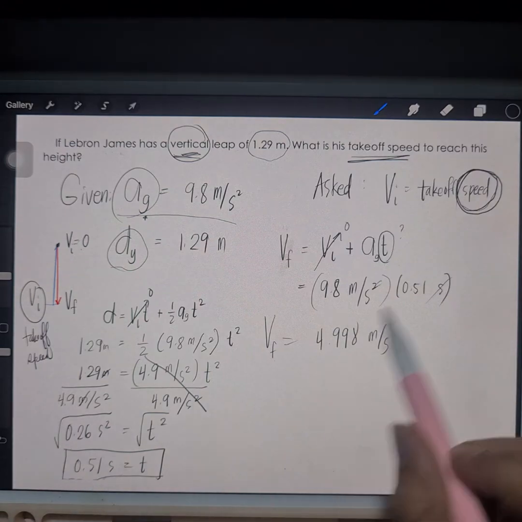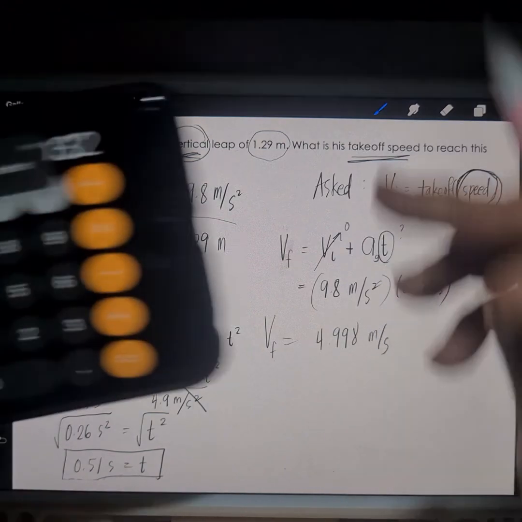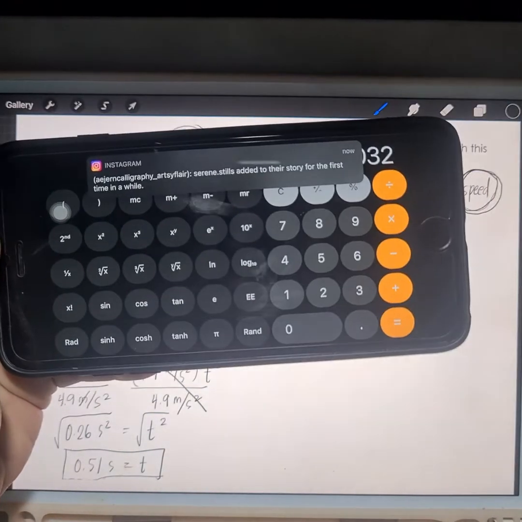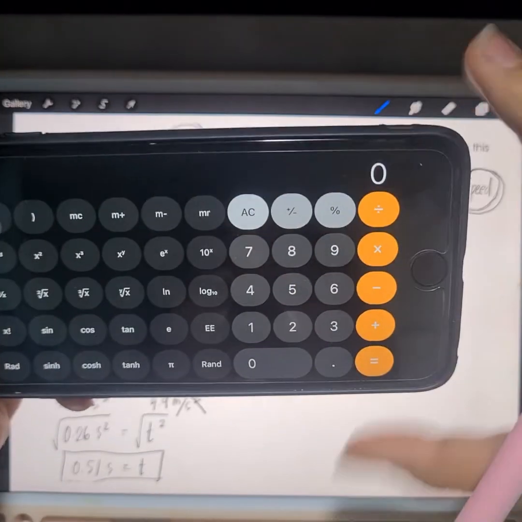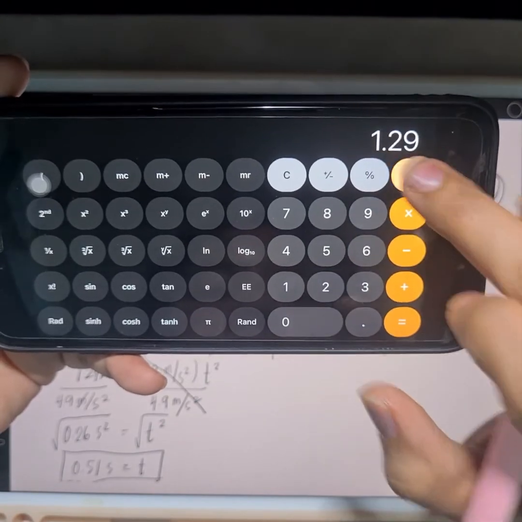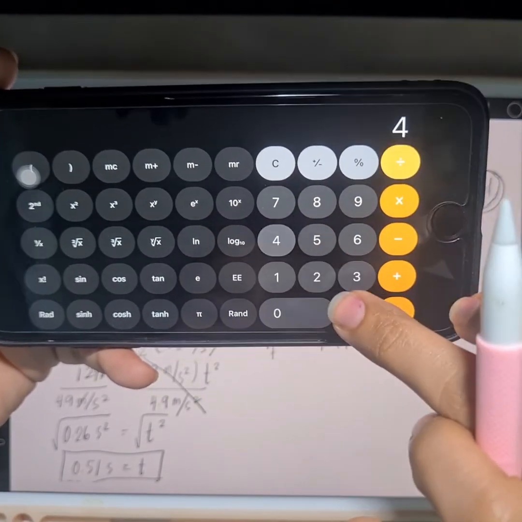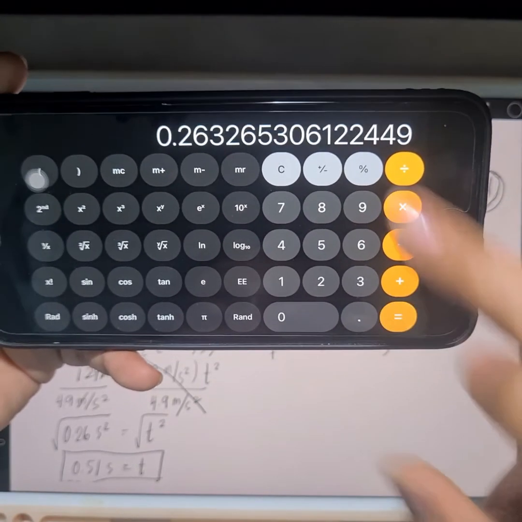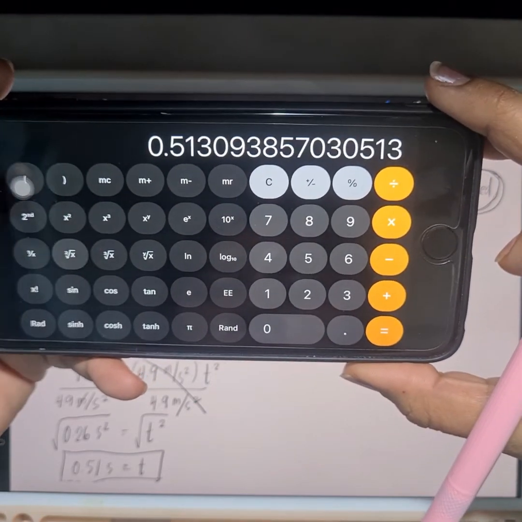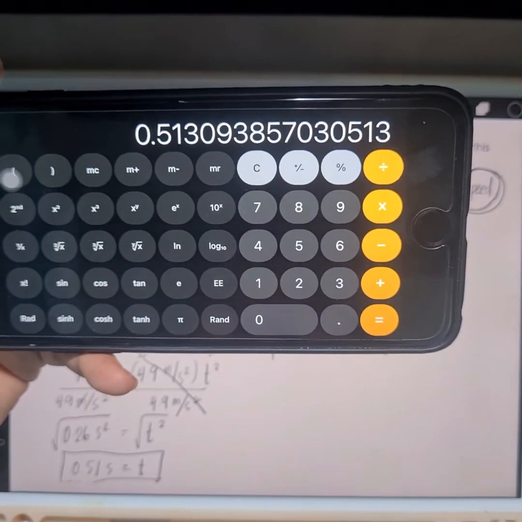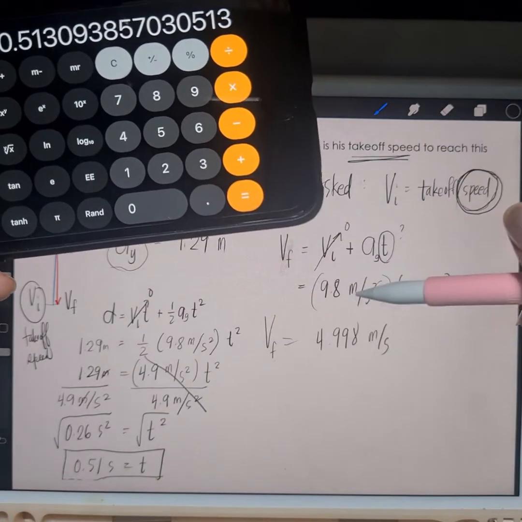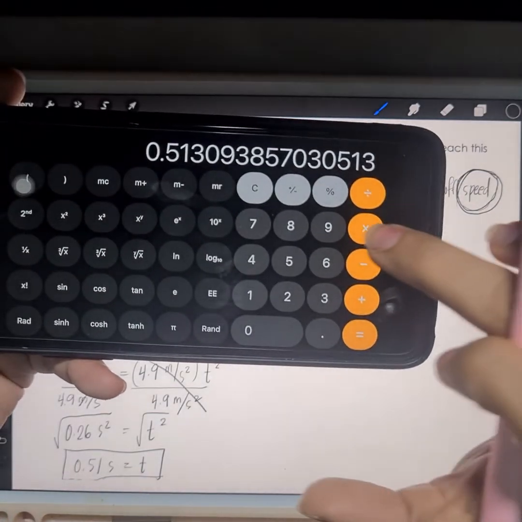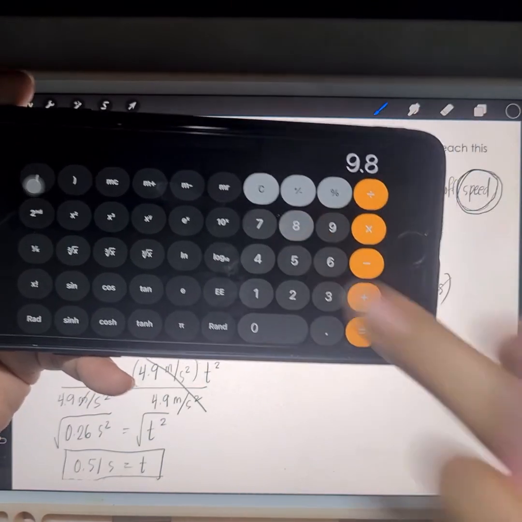Here we used 0.51, but the exact value is there. I'll show you that. 1.29 divided by 4.9, we get the square root, and that is the exact value for time, and then we just multiply by 9.8.